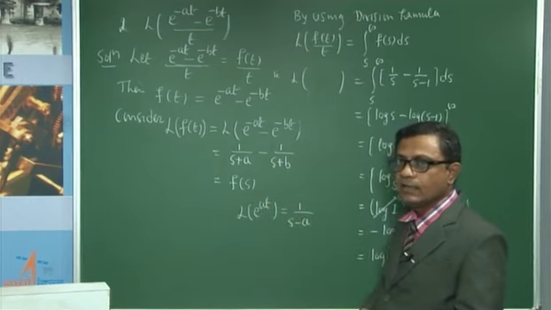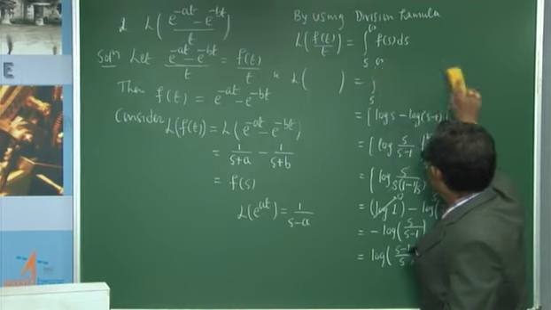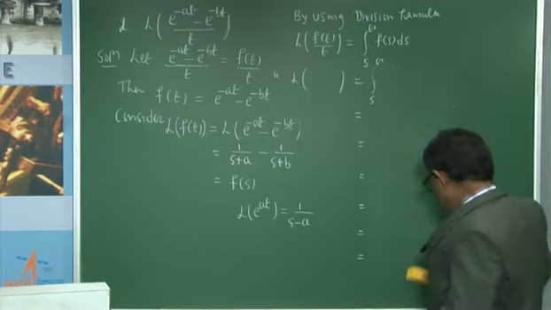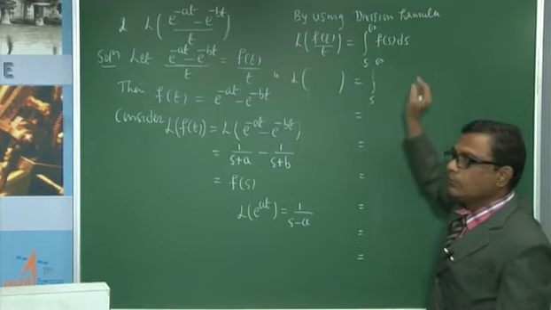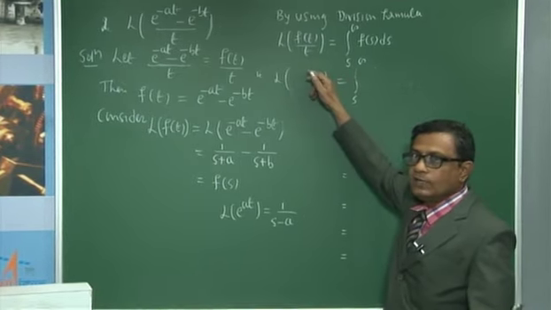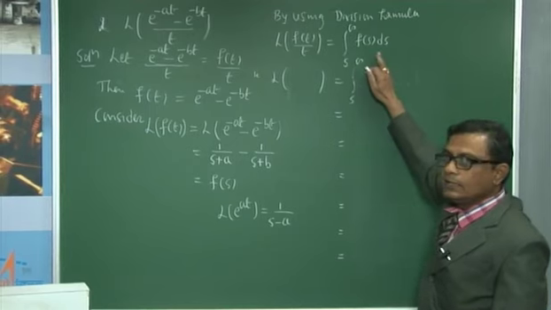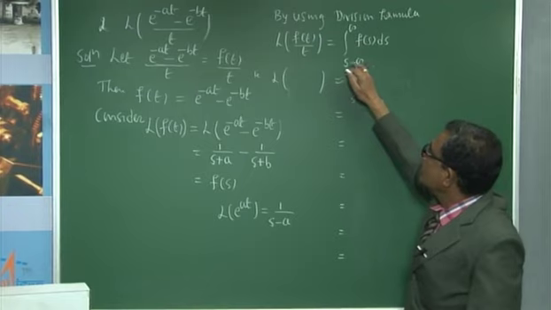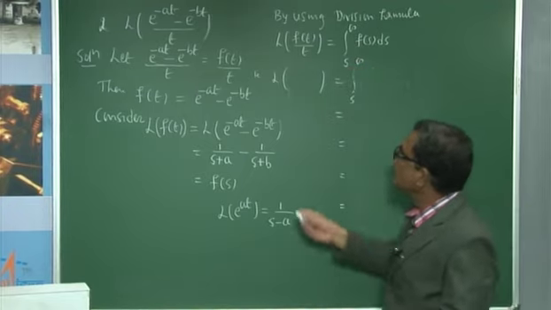Now use the division by t formula. By using the division by t formula, L of f of t by t equals integration from s to infinity of F of s ds, with limits from s to infinity. Now substitute the corresponding values.